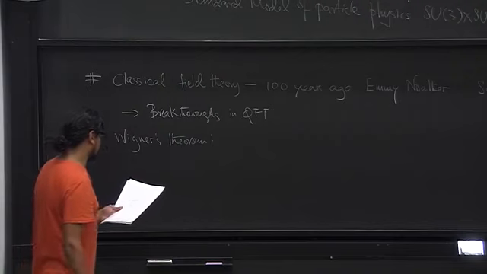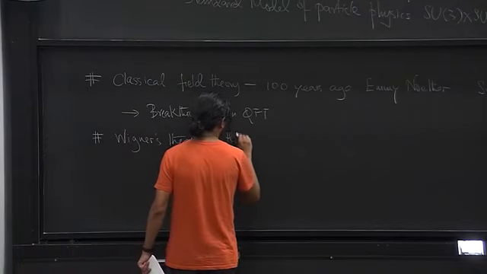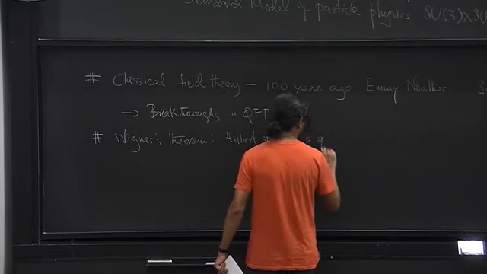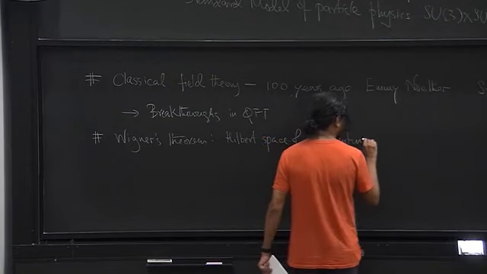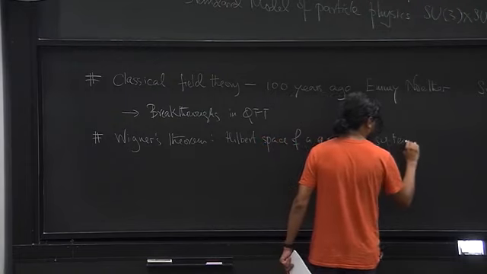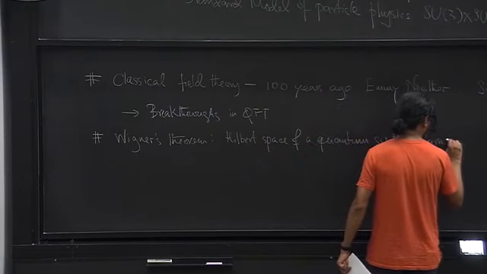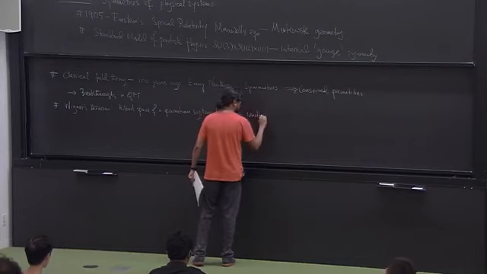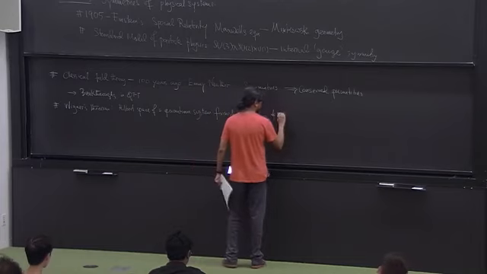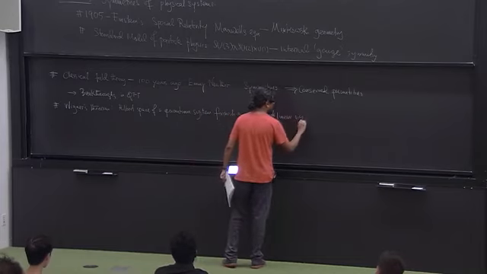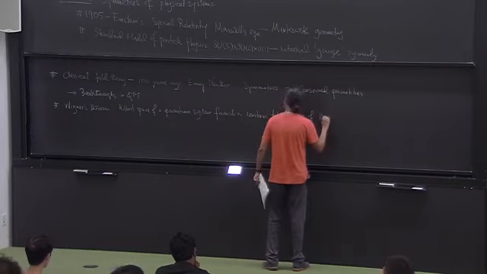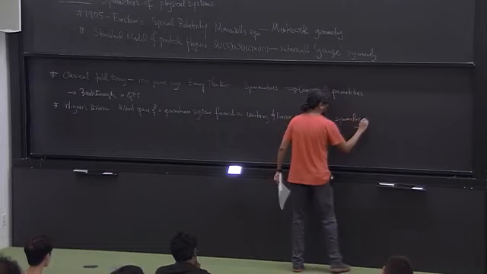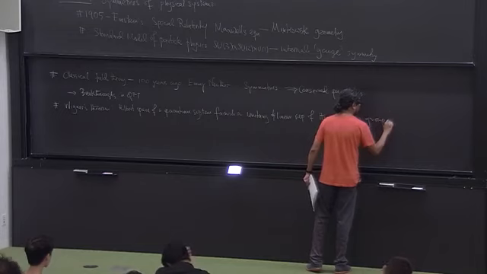Wigner showed that the Hilbert space of a quantum system furnishes a unitary and linear representation of the symmetry group of the system.